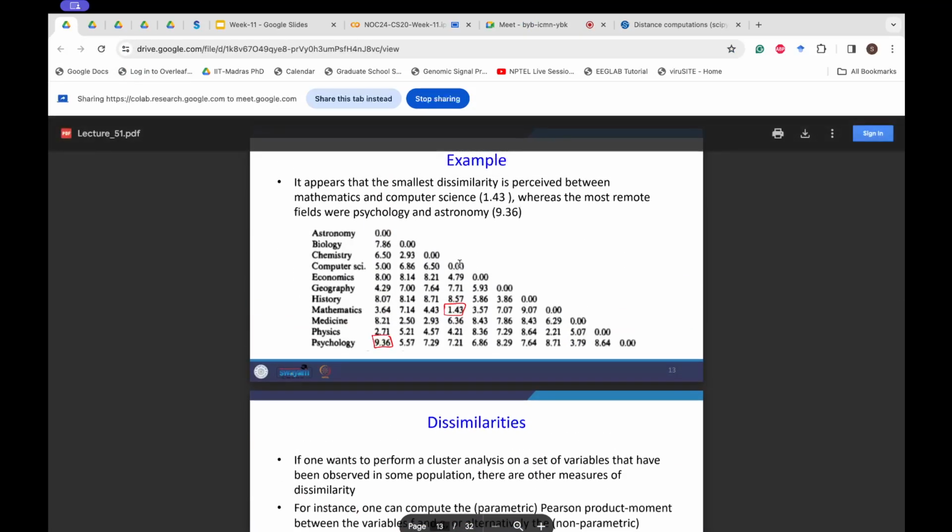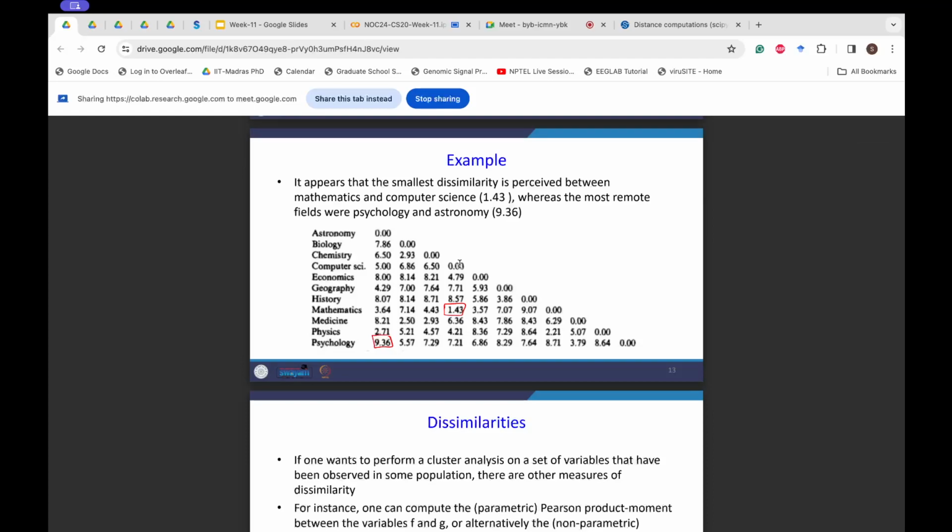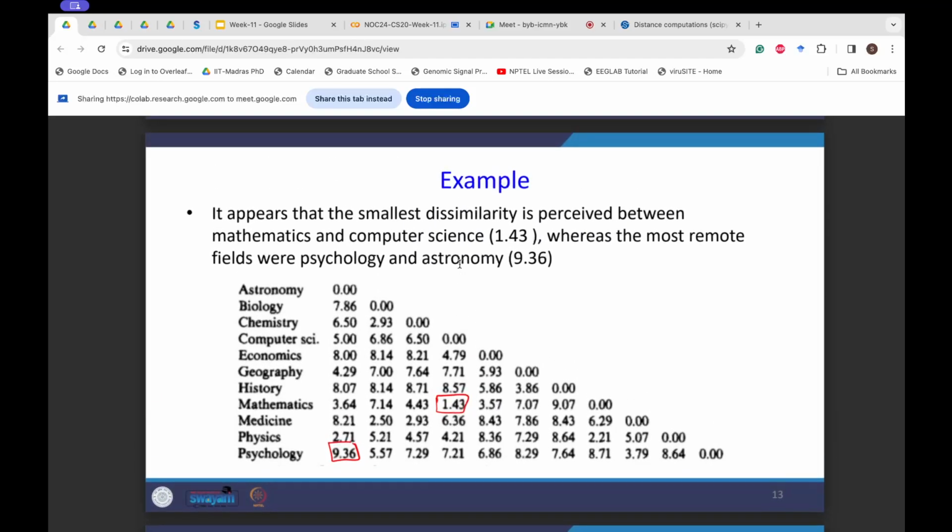Whatever we saw was a quantitative measure, or an objective way of finding distances, but distances can also be found using subjective analysis. For example, this was the example given in the lecture, wherein certain students were asked to rate or subjectively say what is the distance between the different fields. Like, computer science and mathematics are very close, so I might give them distance 1 or so on.